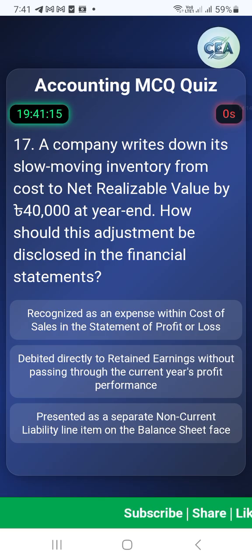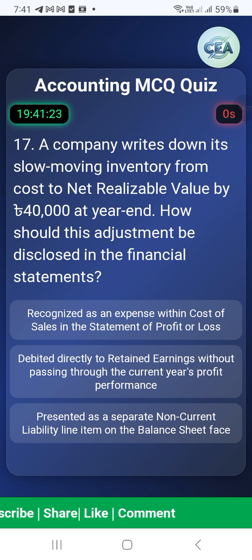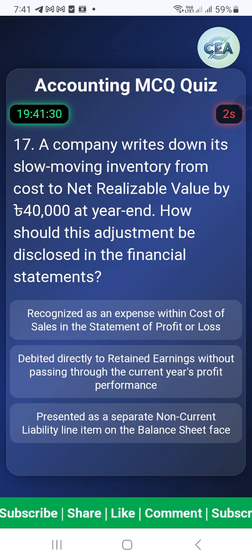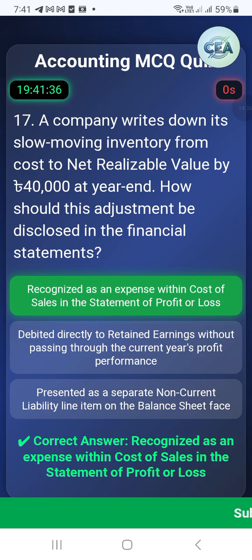Debited directly to retained earnings without passing through the current year's profit performance. Option 3. Presented as a separate non-current liability line item on the balance sheet face. Correct answer is recognized as an expense within cost of sales in the statement of profit or loss.